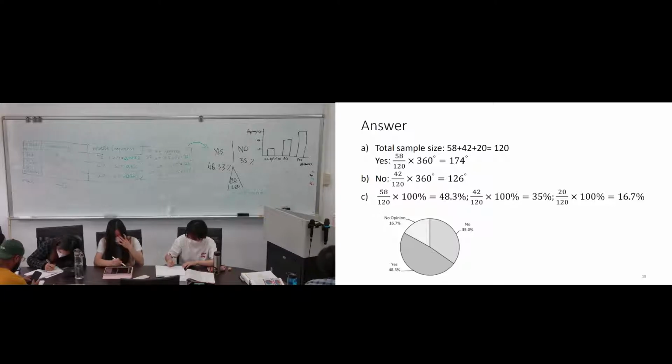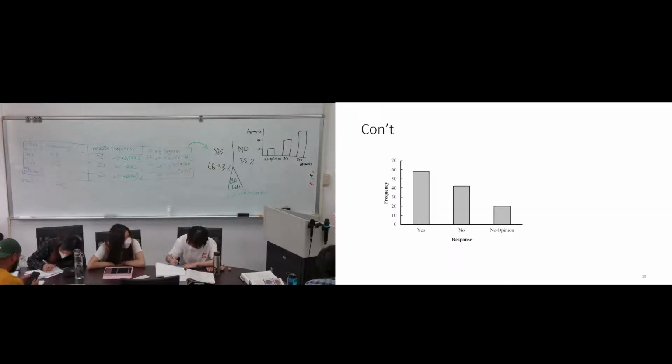No opinion, 16.7%. And then we draw the pie chart. And the last one is the bar chart. We present the frequency for each of the classes, yes, no, no opinion, or you can use the other order. The ascending order is no opinion, no, yes. Questions?